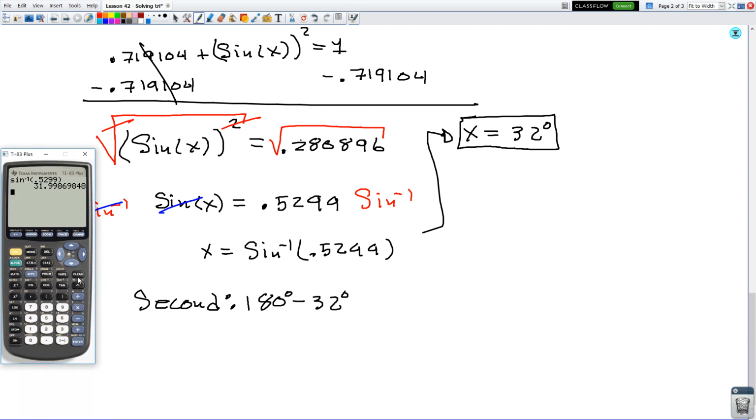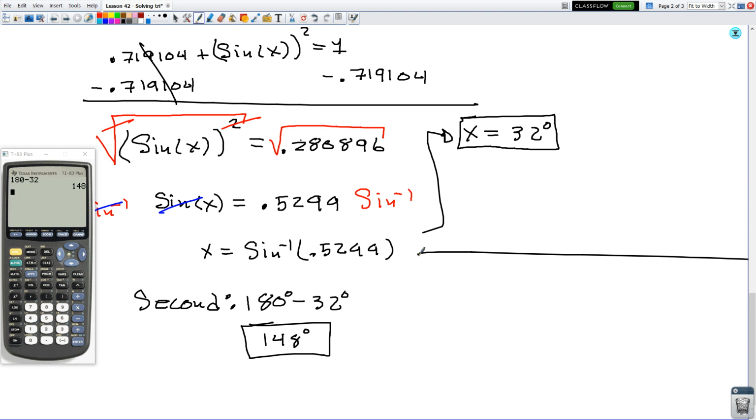Figure out what that is in the calculator. 180 minus 32 gives us an answer of 148 degrees.